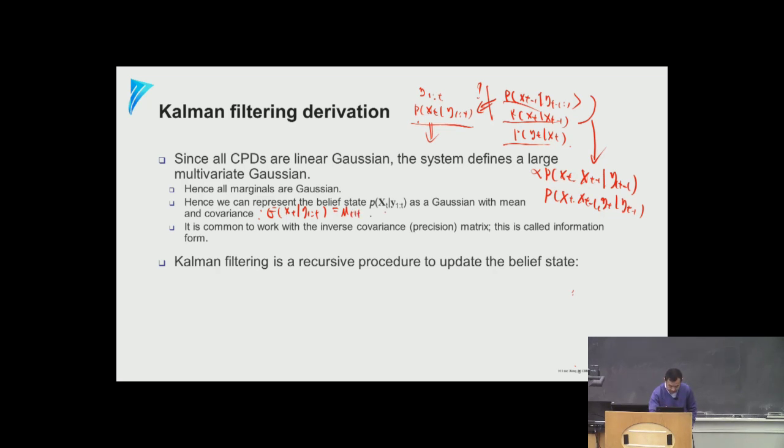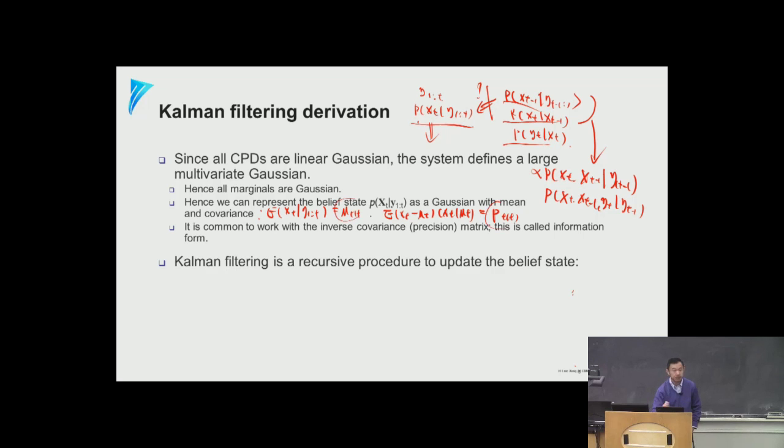And let's also define the covariance of this, which is x_t minus mu_{t|t}, to be what we call P_{t|t}. So that's basically our target.